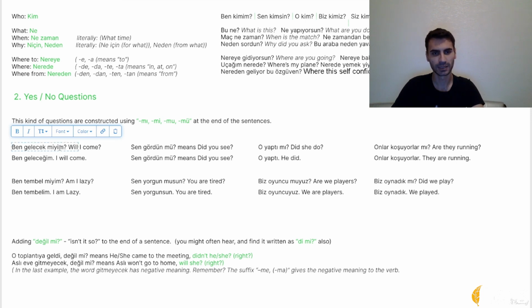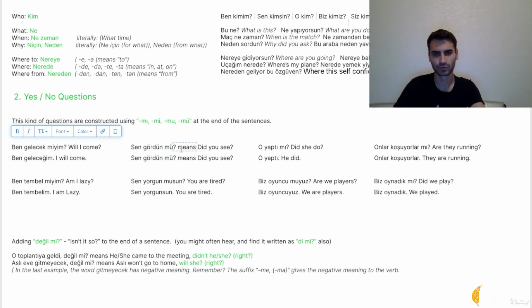And then im we are adding, like I. And ye in between is preventing vowel repetition. We don't like vowel repetitions. We don't use vowel repetitions. In some cases comes yumuşak G, in some cases ye. And ben geleceğim, I will come.